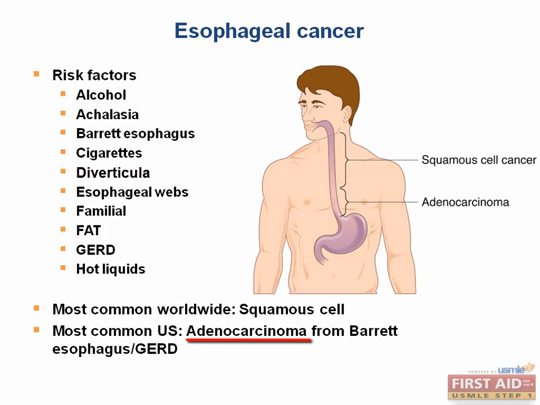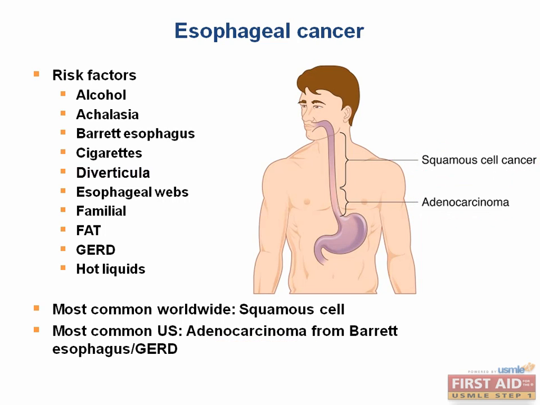the United States. Since Barrett's occurs in the lower region of the esophagus just above the stomach, it's not difficult to see that adenocarcinoma is in the lower 1/3 of the esophagus, while squamous cell carcinoma is generally in the upper and middle 2/3.